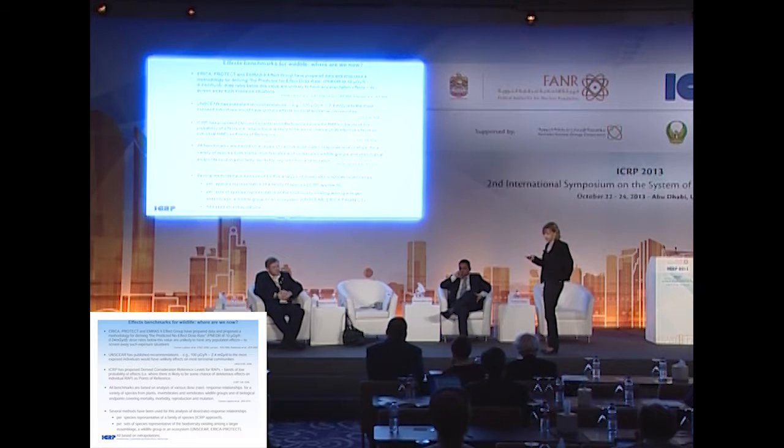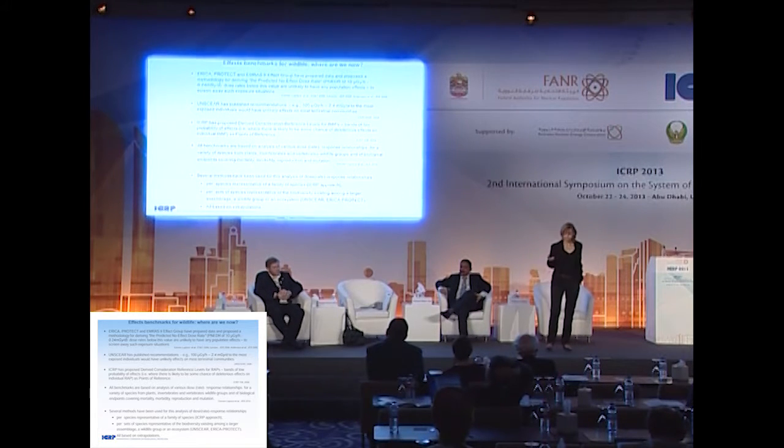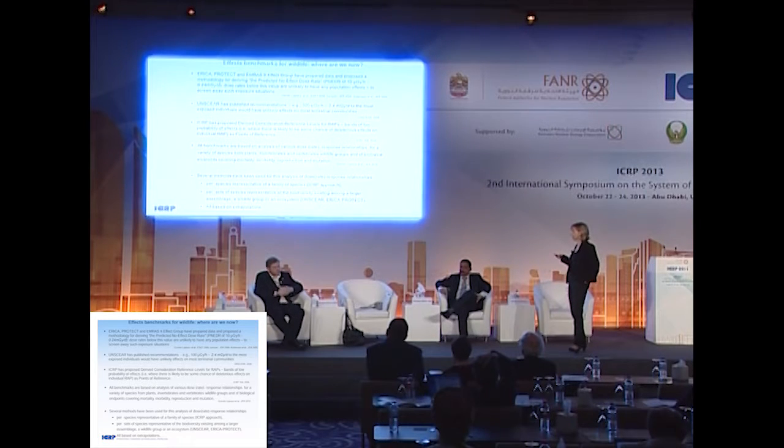All those effects benchmarks are based on analysis of various dose-response relationships for a variety of species, from plants, invertebrates, and vertebrates wildlife groups, and for a variety of biological endpoints covering mortality, morbidity, reproduction, and mutation. And several methods also have been used for this meta-analysis of dose-response relationships.